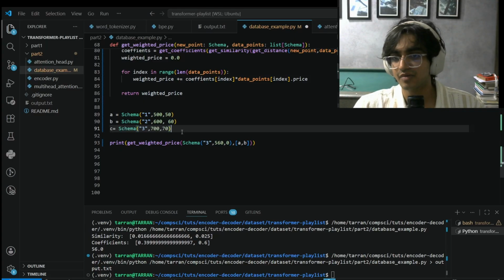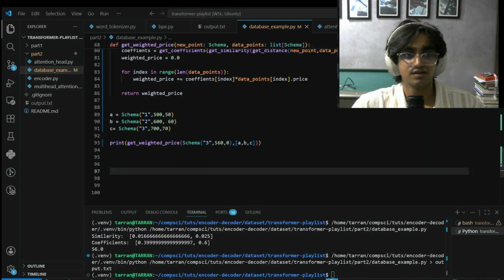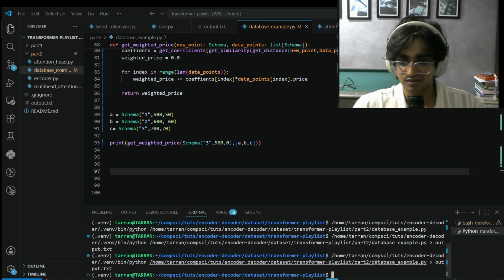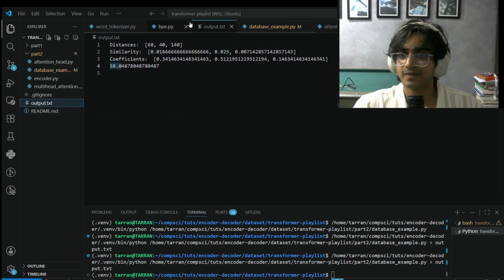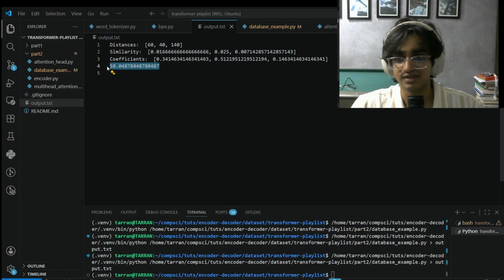And if we add a new point, we can just simply append it to this data point list. Let's run the same code. And there we go. If we got 700, our distance between 560 and 700 is 140. Then it's the same process. And when we have these 3 points, we can see that the value is approximately 58.04 or 05. So this is how it's done with the code.